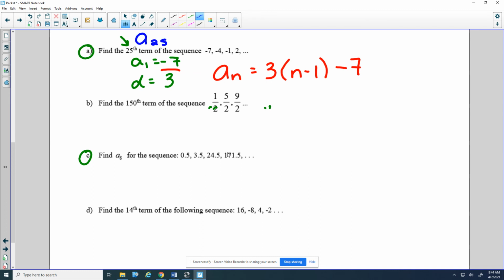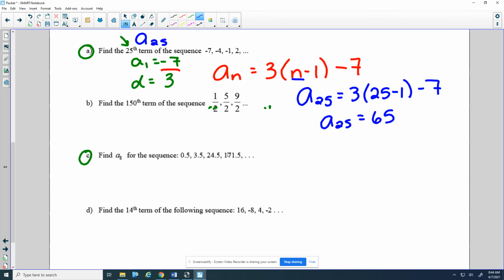So I'm just plugging a 25 in for the n. It's just an evaluation, and I can get the answer from there. So if I type that in my calculator, which is really all I have to do from there, a sub 25 equals 65.